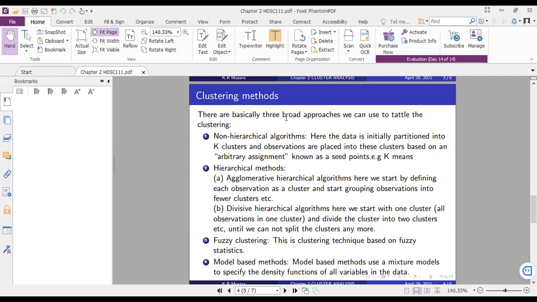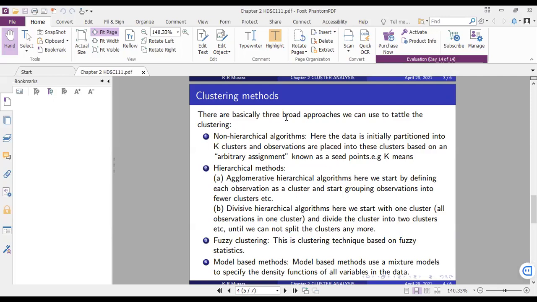In non-hierarchical clustering, the data is initially partitioned into K clusters. Observations are placed into these clusters based on arbitrary assignment, known as the seed points. Under the non-hierarchical algorithm, we're going to look at K-means.